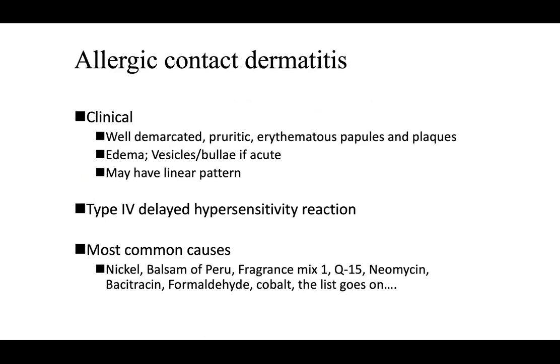These are things that when you're interviewing a patient, trying to figure out what caused it, you need to go through systematically and say, do you use a lot of fragrance chemicals, whether it be soaps, shampoos, perfumes, detergents, candles? Try to understand how much fragrance do they really get exposed to? Do they wear jewelry? Did they change their diet at all? Because balsam of Peru can be present in many different types of foods and drinks.